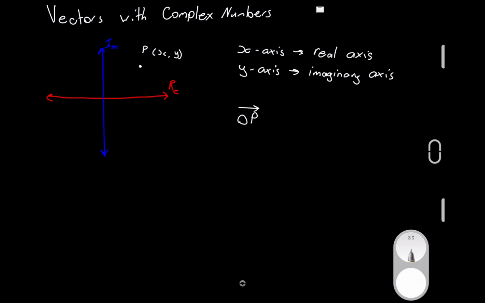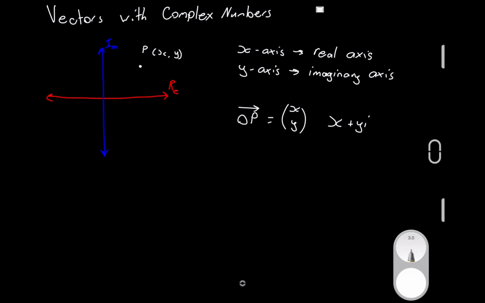In this case, OP is going to be X and Y, like we've seen previously. And what this represents is x plus yi. So, with O being our origin, we could use this to look at all different types of vectors.